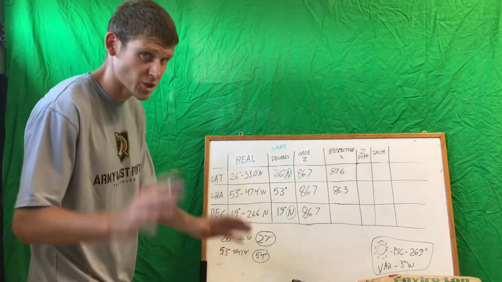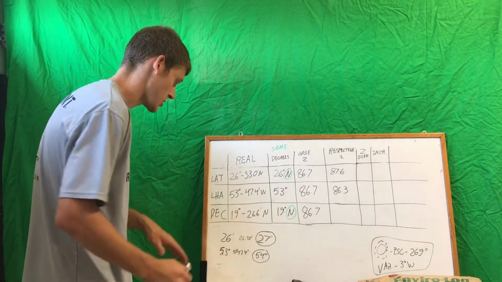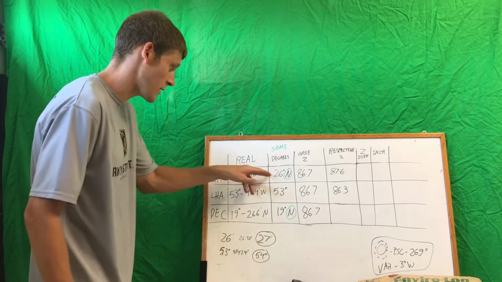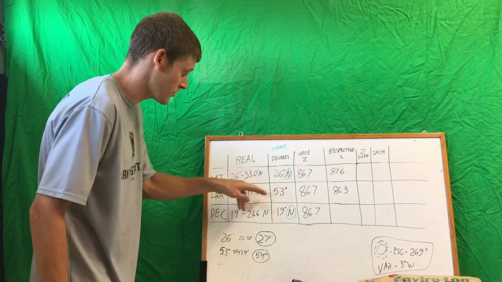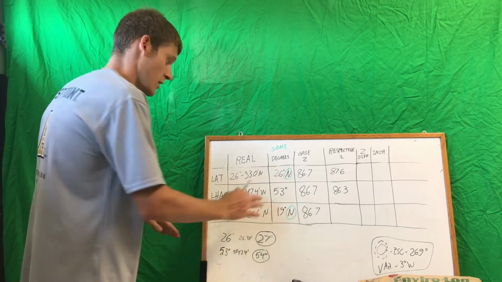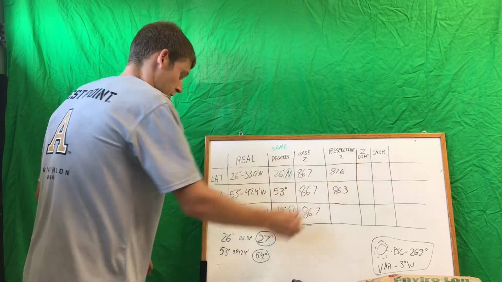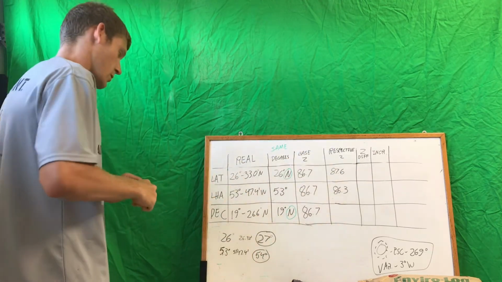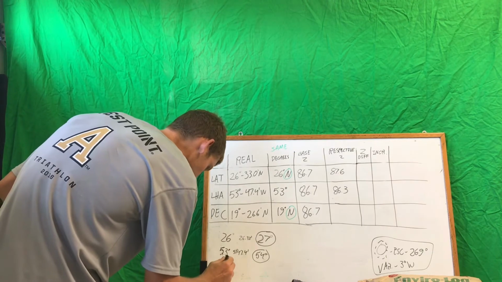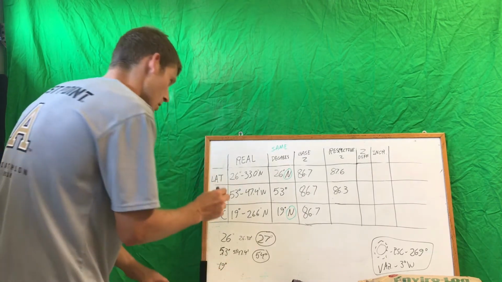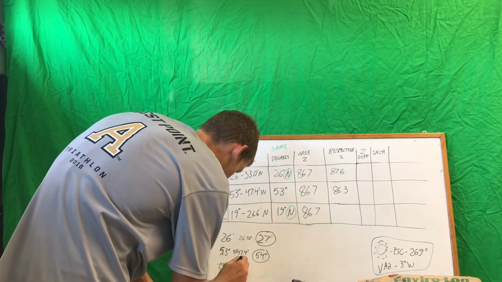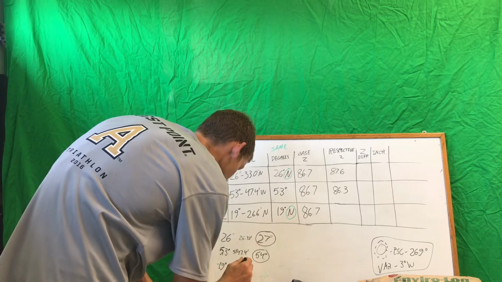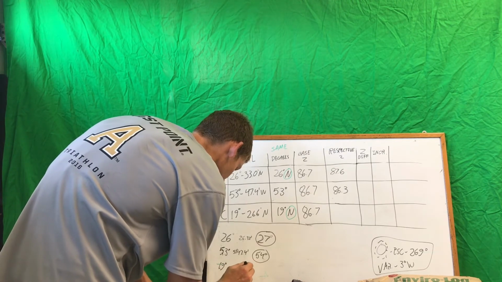Now we're just changing declination. Keep latitude at the same degrees, keep LHA at the same degrees. We're just changing declination to find the respective Z. So declination was 19 degrees. Our real declination was 19 degrees, 26.6.